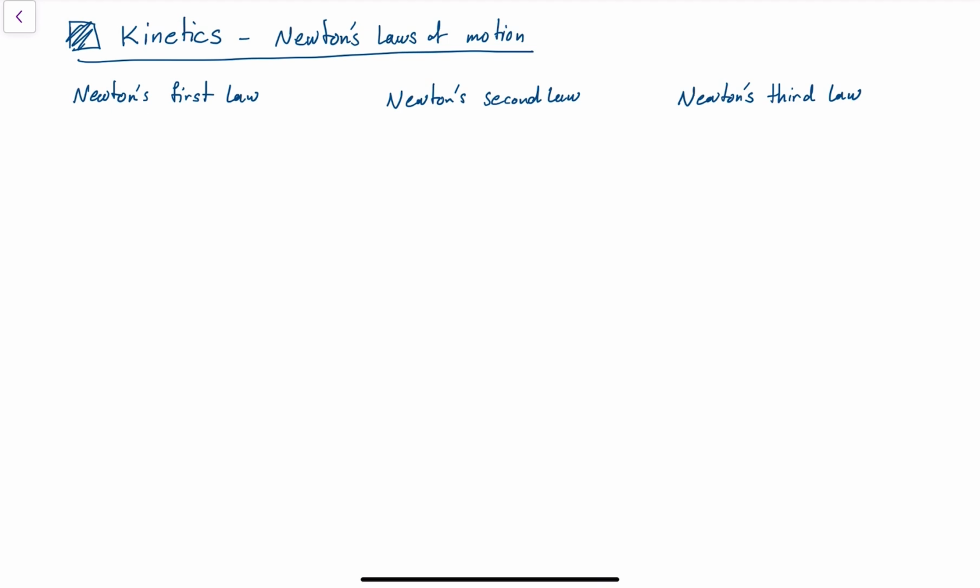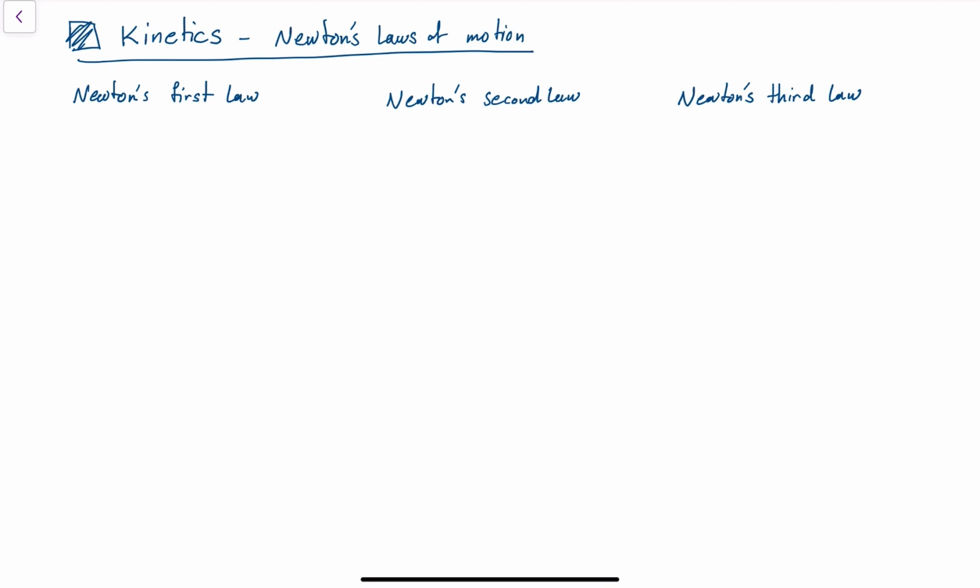So far, we have been looking at kinematics of particles, and that is trying to describe the motion, just looking at how the motion looks like, and in mathematics, communicate with somebody how the motion looks like.